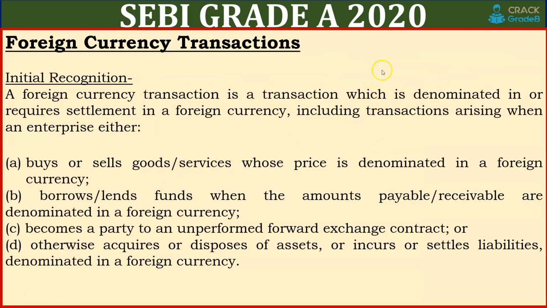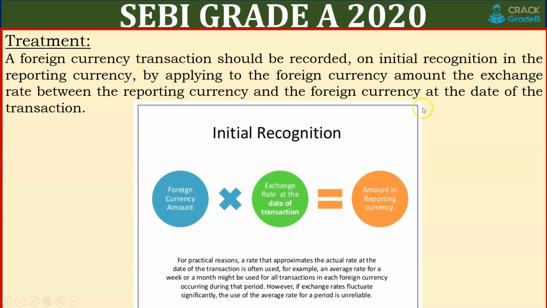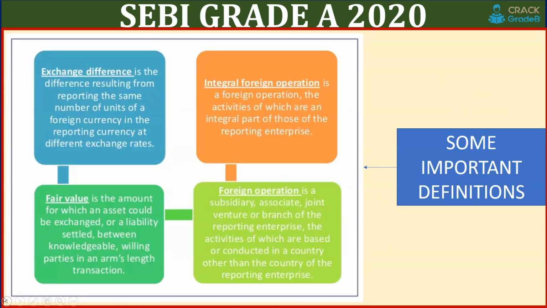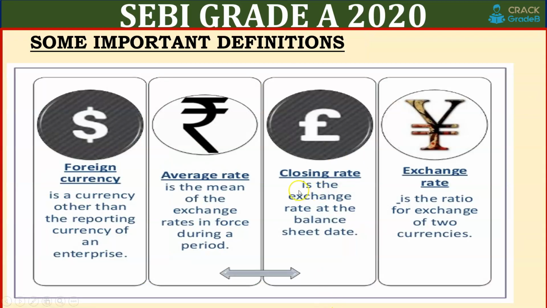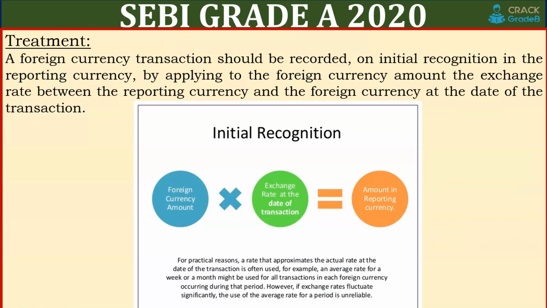So whenever a transaction is recognized as a foreign currency transaction, you need to apply the spot rate of that currency and then record that transaction in your financial statements. One thing we learned before was the closing rate, which is the rate at the date of the balance sheet, and during the year, any transaction you undertake has to be recorded at the spot rate.